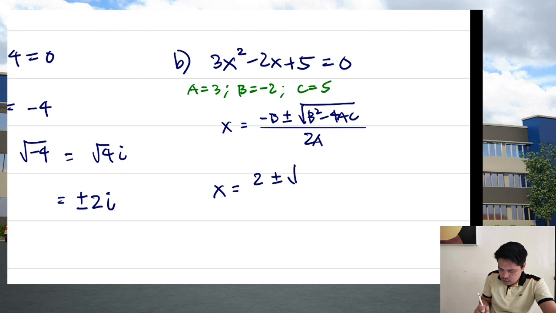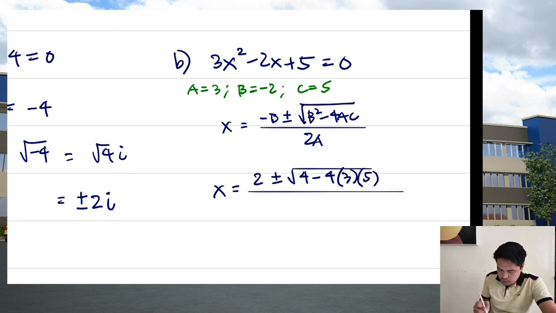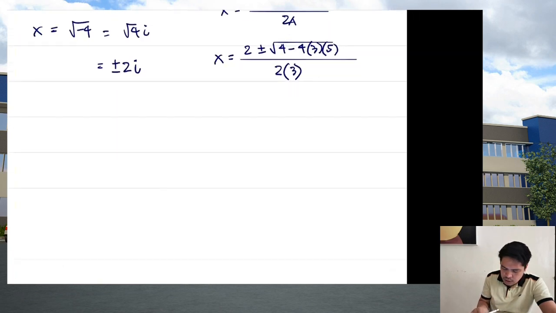minus the square root of, ayusin natin, kaya that's the square root of b squared. So what's b squared? That's 4 minus 4, which is 4 times ac. 4 times a, 3, and c, 5. And all over 2 times a, which is 3.